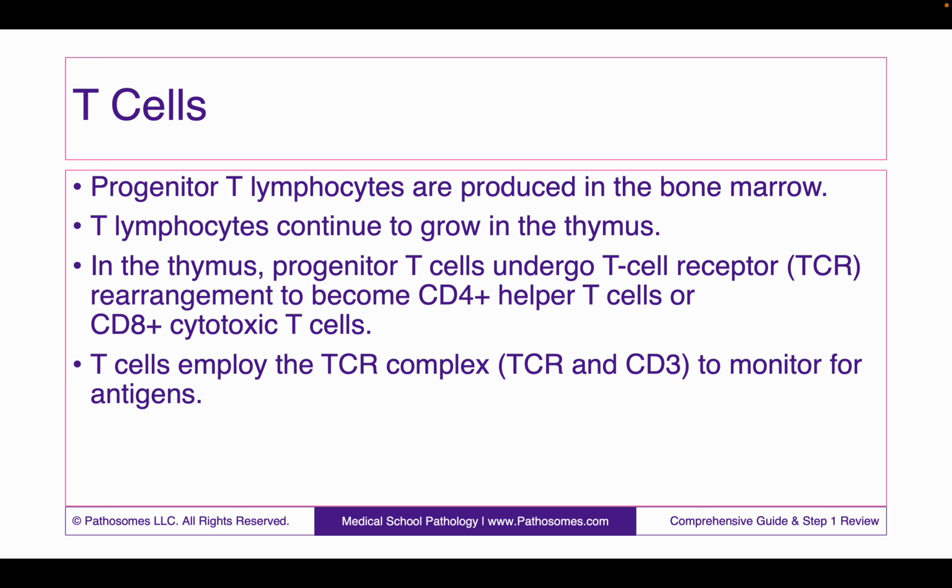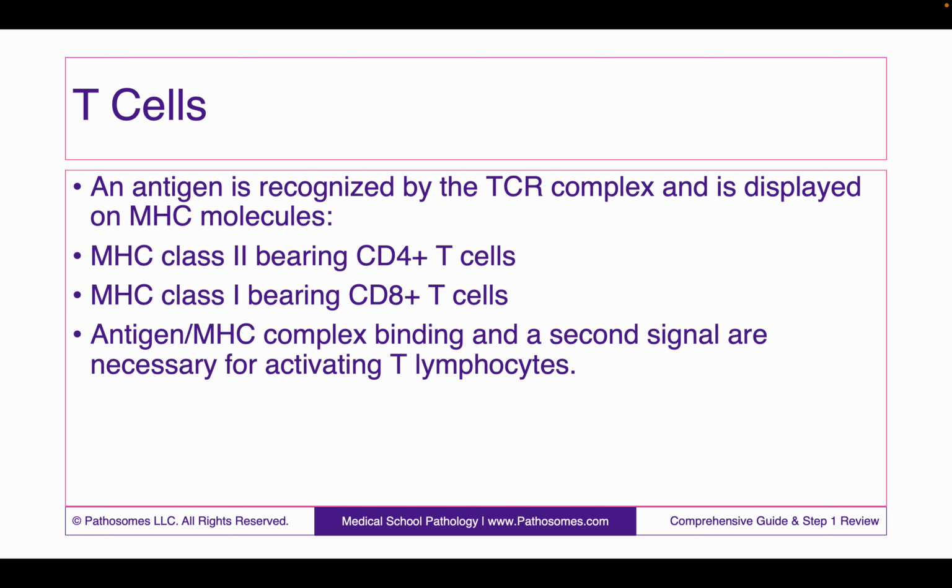T cells employ the TCR complex, TCR and CD3, to monitor for antigens. An antigen is recognized by the TCR complex and is displayed on MHC molecules, major histocompatibility molecules. There's MHC class 2, bearing for the CD4 positive T cells, and then there's MHC class 1, bearing for the CD8 positive T cells, right?